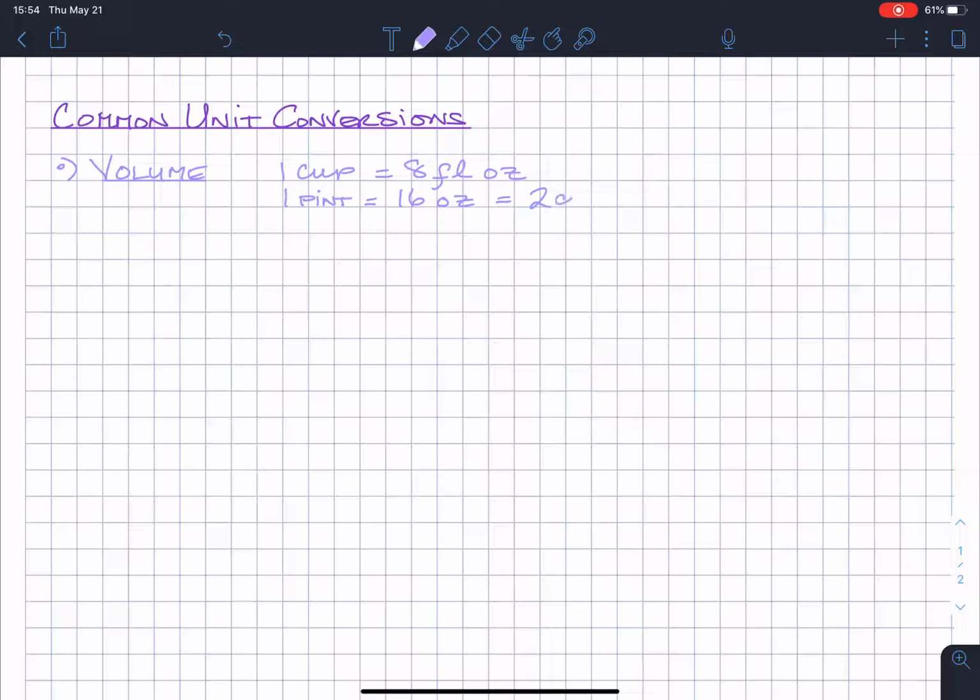It's 2 cups, right? Because 8 goes into 16 twice. 1 gallon is how many cups? Well, that's 16 cups, which is how many pints? How many times does 2 go into 16? Well, that's going to be 8 pints.